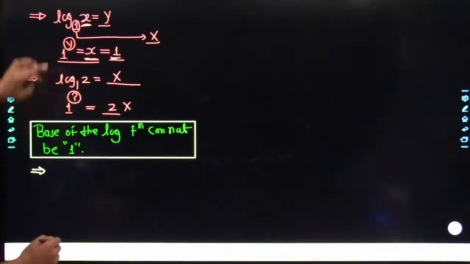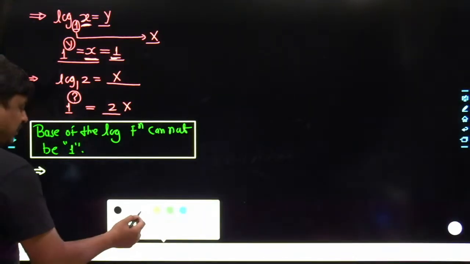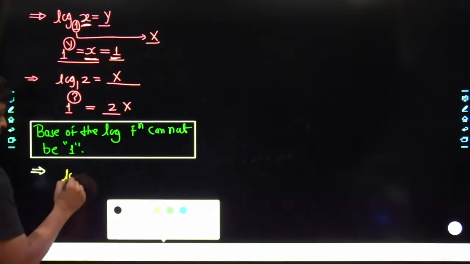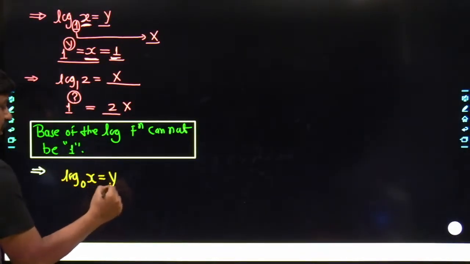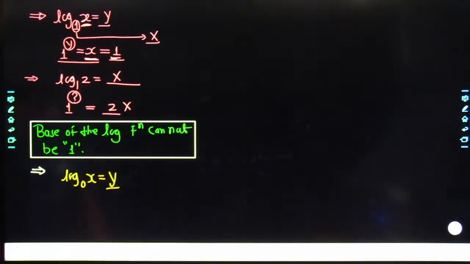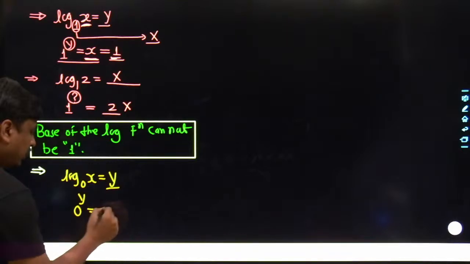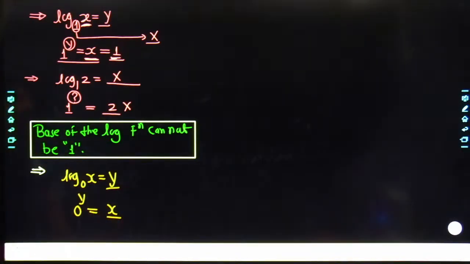My dear friends, if the base is taken as 0, what does it indicate? Let's take a logarithmic function with base 0 applied over x, and the result is y. It indicates 0 to the power of y is equal to x.